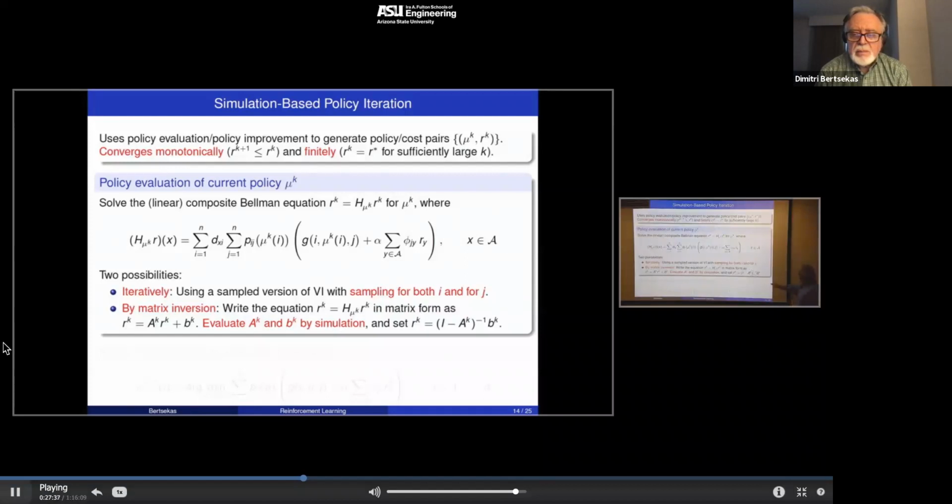In other words, one eigenvalue of this matrix is right up to 1, okay? It's equal to alpha. If alpha is very close to 1, you have to do a lot of simulation to get this AK accurately enough in order for this inversion to make sense. And there are special methods for inverting this type of matrix that try to circumvent this problem of instability due to Monte Carlo noise. Okay, I don't want to get into that, but I don't want you to think that this is trivial. It's not.